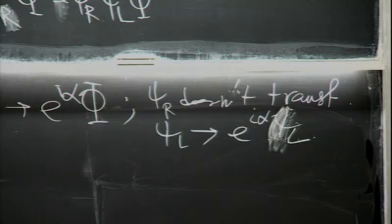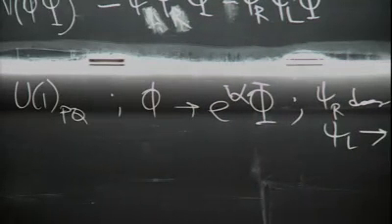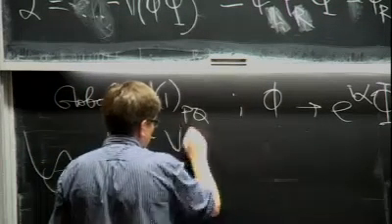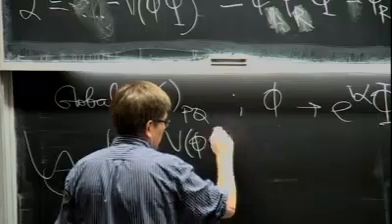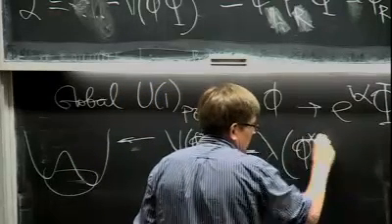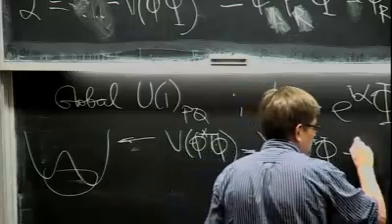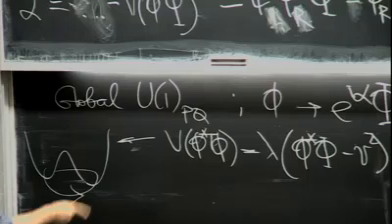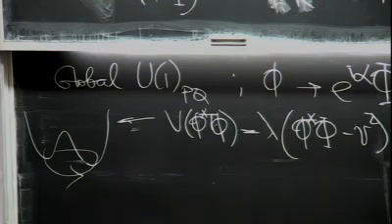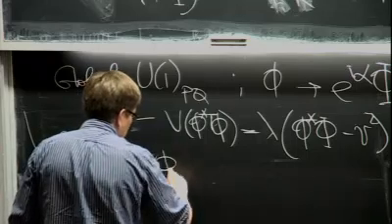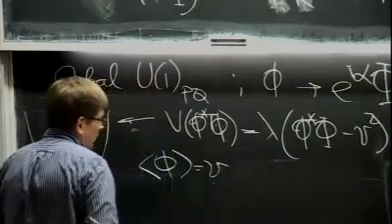And let's have V of phi, the potential, in that form. For example, if we want to stay on the renormalizable level, this is then some sort of lambda times (phi star phi minus v squared) squared. There is a symmetry for rotating around this circle, and we will assume that in the vacuum, of course, the absolute value of phi goes to v.